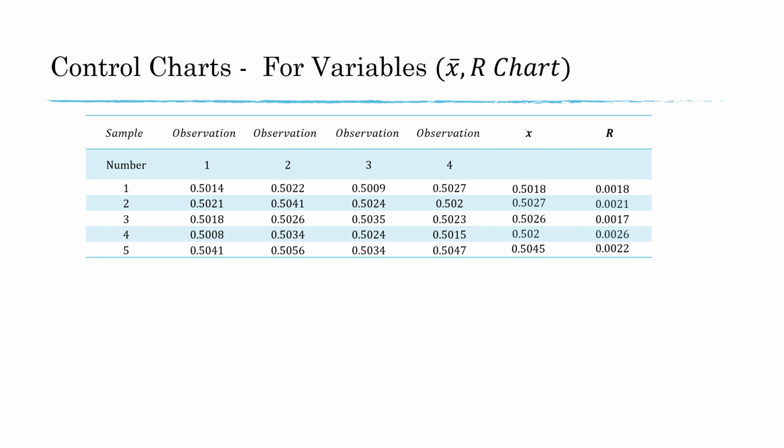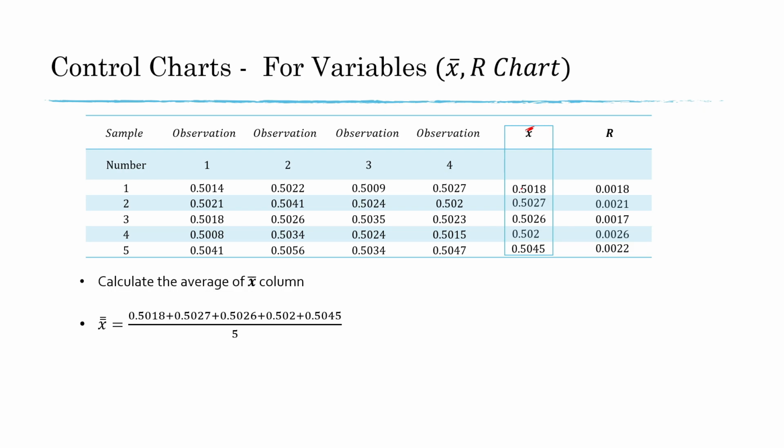When we say we want to calculate the value of X double bar, we will focus on this column where we already have the value of X bar and we take the average of this. Remember, this column already has the average of each sample. If we take another average of this column, then it will be the double average, and we call that X double bar.